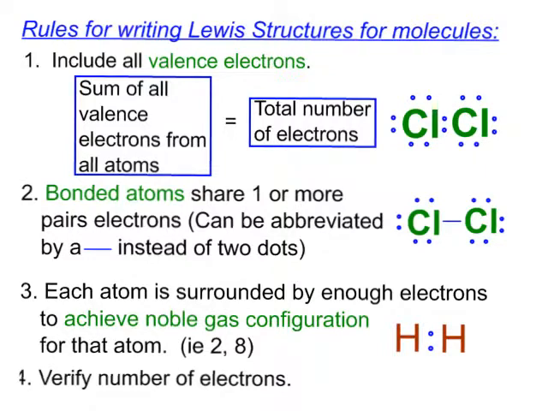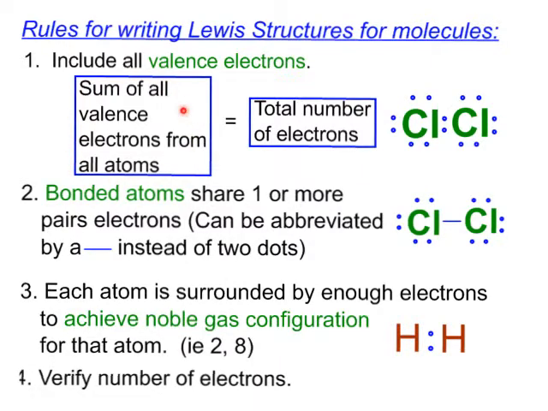So here are some simple rules for writing Lewis structures for molecules. Rule number 1 has to do with valence electrons. We will include all valence electrons in our drawing for Lewis structures. First of all, we find the valence electrons from each atom and add those all up.